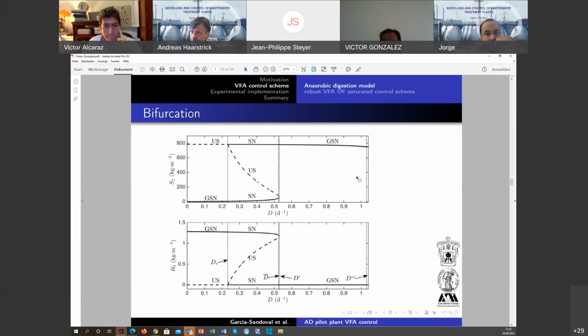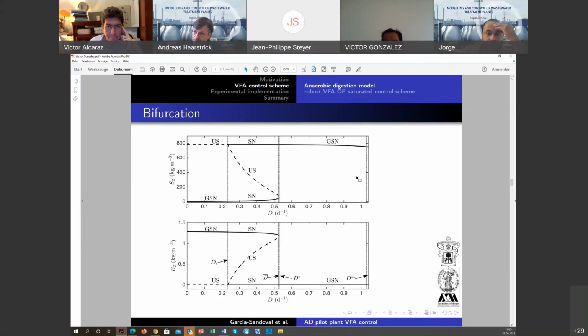The approach that we use comes from the analysis of changes of operating conditions. These are summarized in the so-called bifurcation diagrams.